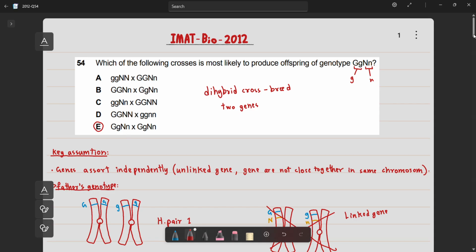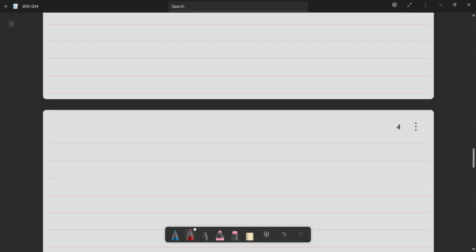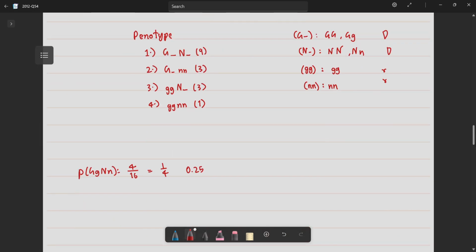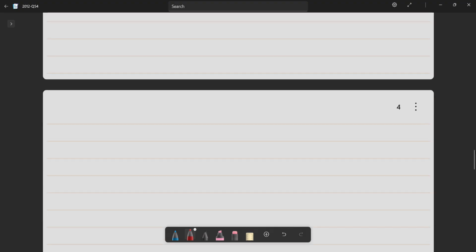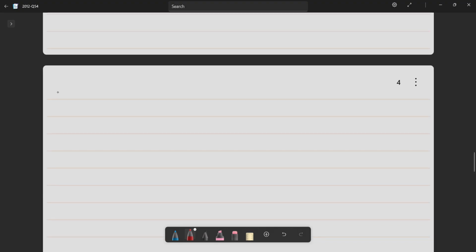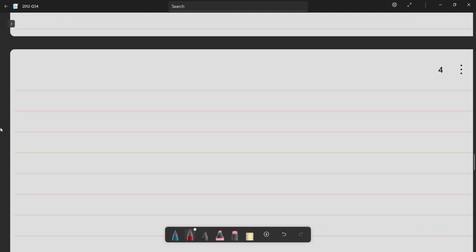I'm going to go with option E, which seems the most basic. Okay, let's go with option A. This is the main method that I would highly recommend for the IMAT exam since it's very time crucial. This is for option A, where there's this genotype crossbreed of the parents.